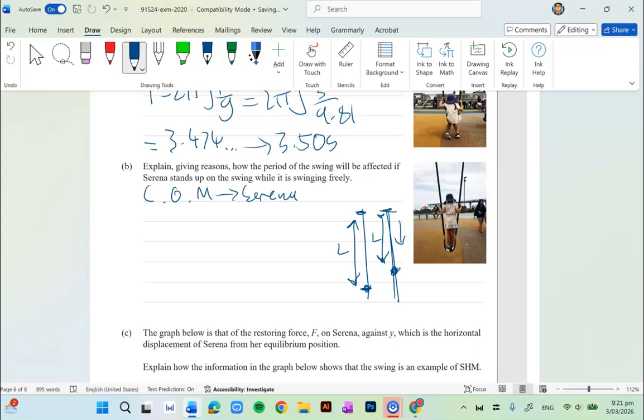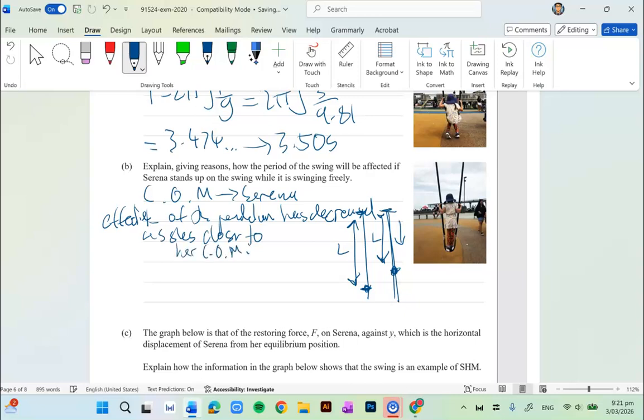So we can say the effective length of the pendulum has decreased as her center of mass is closer to the rotating point.